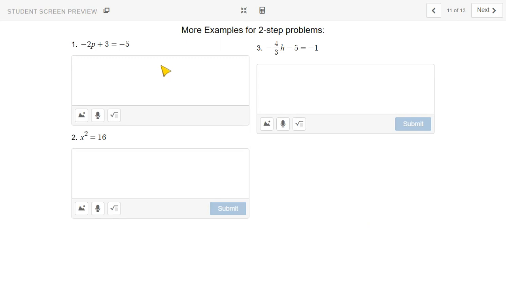Let's do a few more of these examples. Once again, we have to decide what we're going to deal with first. In this question, we have negative 2p plus 3 is equal to negative 5. The plus 3 is farthest away from the p, and it's also the first thing we're going to deal with.